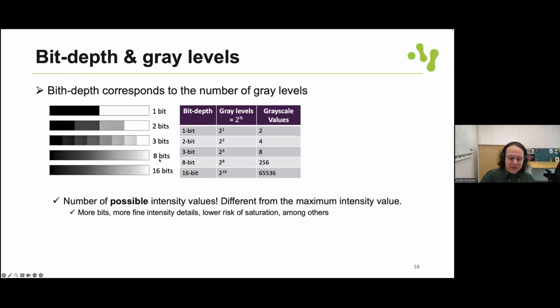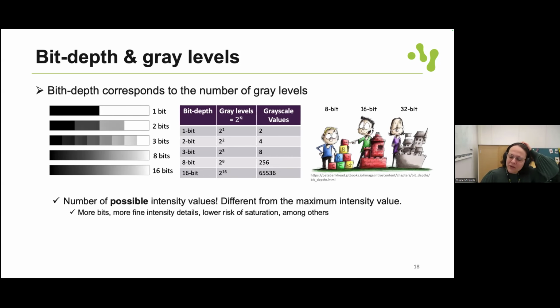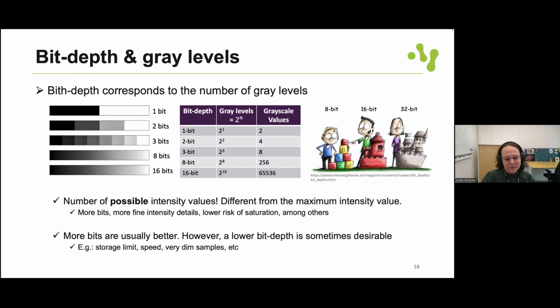So if you have 8 bits, you can represent values between 0 and 255, for instance. And more bits represent more details and a lower risk of saturation, among other artifacts. So you have a higher level of detail when you have an image with a higher number of bits.